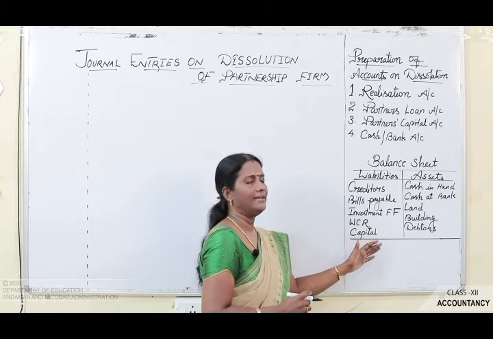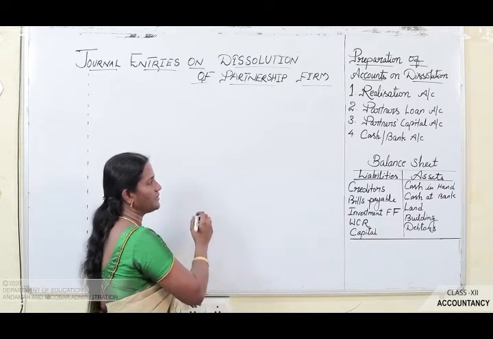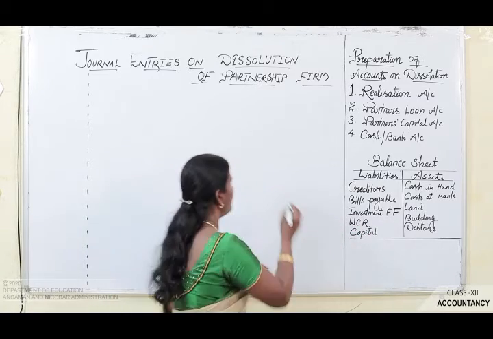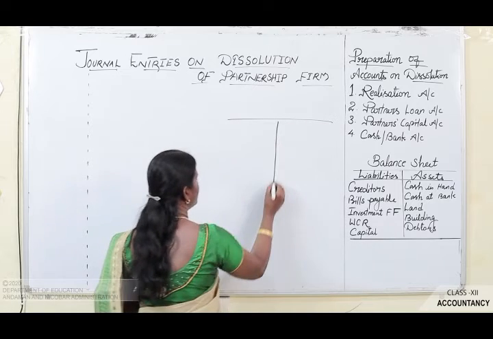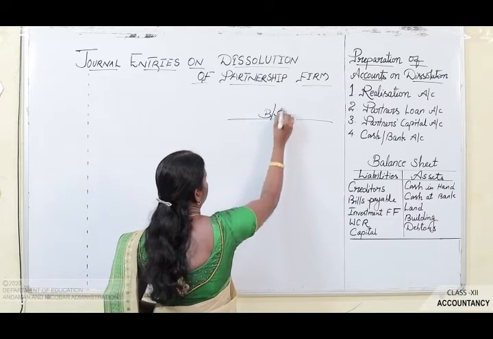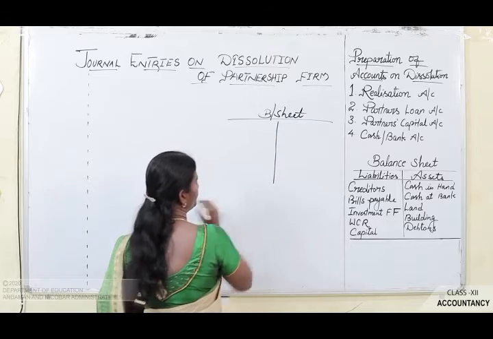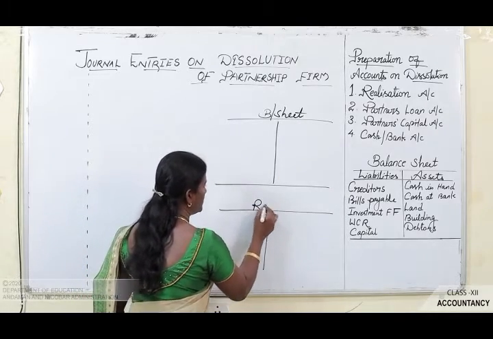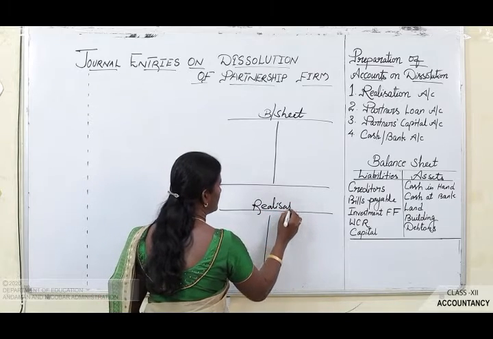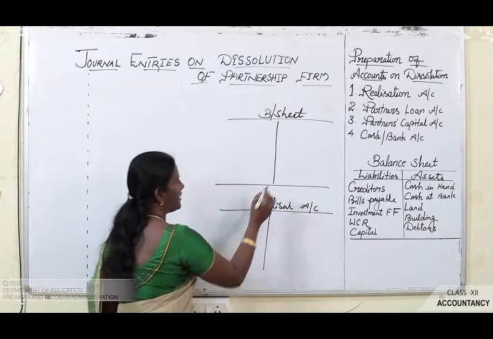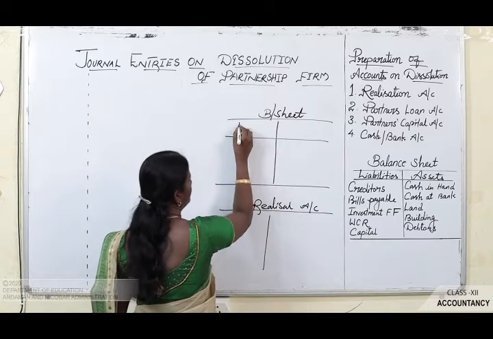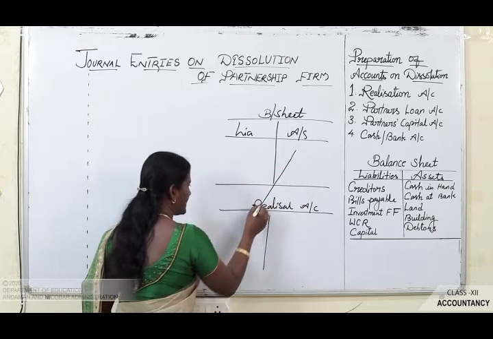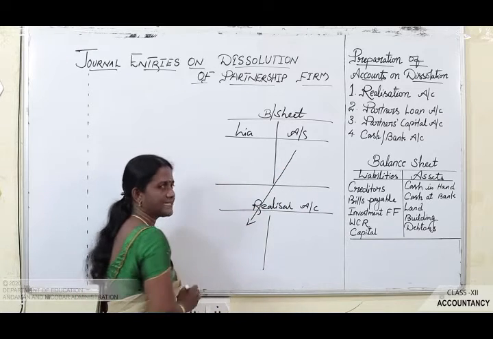Okay students, let's see how we are going to prepare these from the balance sheet. It can also be done in a direct way. If we want to prepare the realization account, we can directly transfer the asset side items to the realization account debit side.